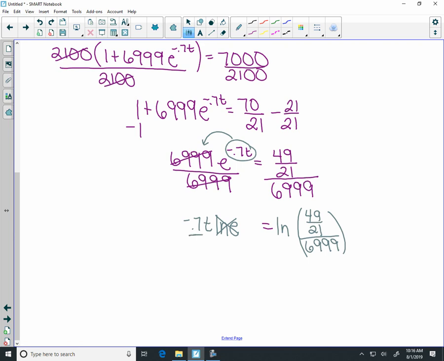Negative 0.7 is what we're going to divide by. Your graphing calculator can absolutely handle that mess on the right side of the equation. And again, the less times you round, the better. When I put that in my calculator, I got 11.437.